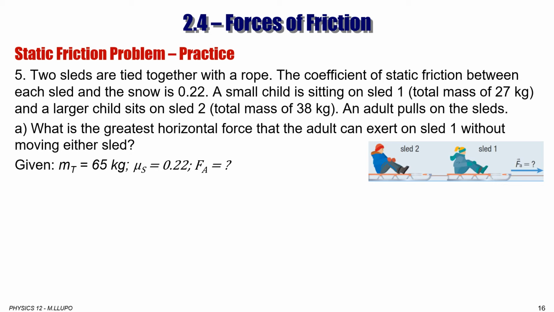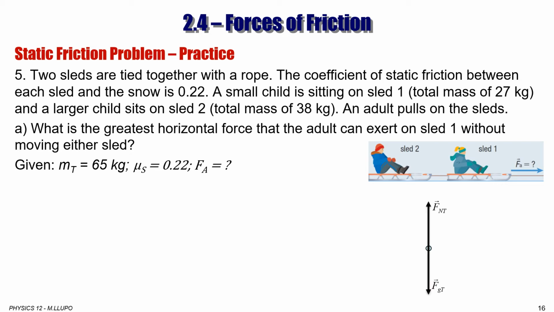So what we are looking at in the diagram is a horizontal force. So what is given? Total mass of both sleds and children is 65 kilograms. Coefficient of static friction is 0.22 between a sled and the snow, and applied force is required.